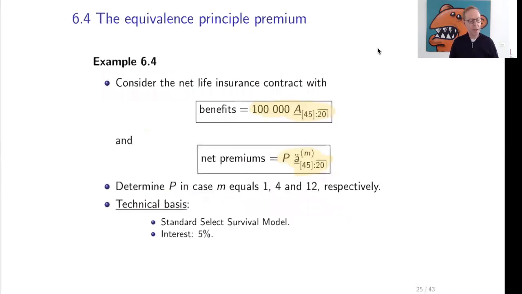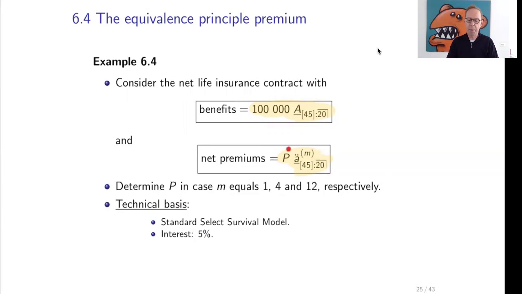Then another example, example 4. Now we have a net life insurance contract with benefits 100,000 A 4520. So we have an endowment contract. If the person of age 45 dies in the next 20 years, he receives 100,000. But if he survives until age 65, he also receives the 100,000.